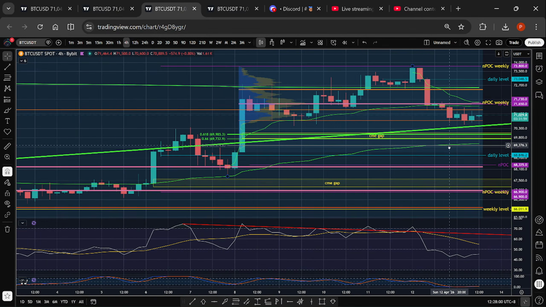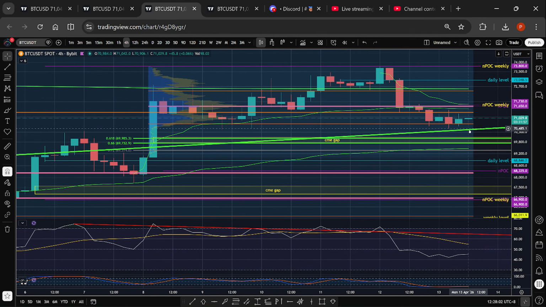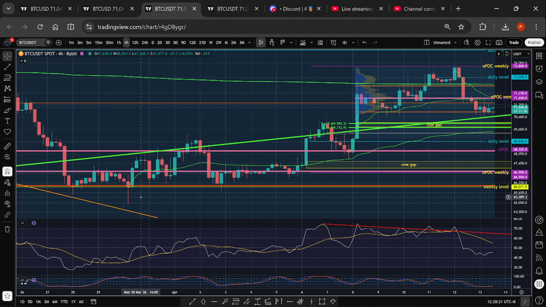It probably hasn't got that much strength in it now. But we've got these gaps here, and what lines up nicely is this fib pocket. And the high to low is right at this gap, and then this fib level here lines perfectly up with this anchored VWAP.